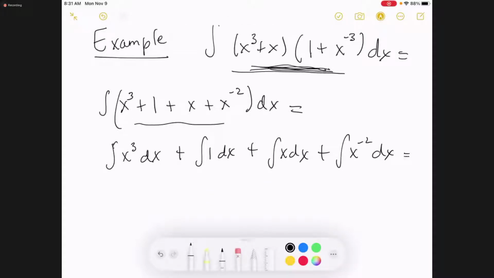And now it's easy. This is just x to the 4th over 4 plus x squared over 2 plus x to the minus 1 over minus 1 plus c. Any questions?